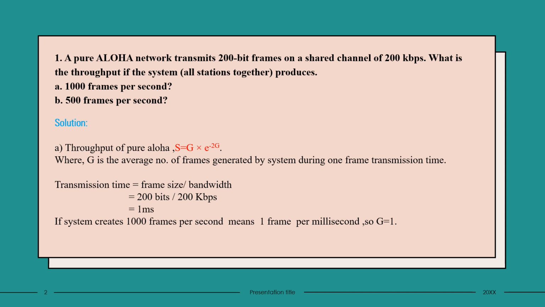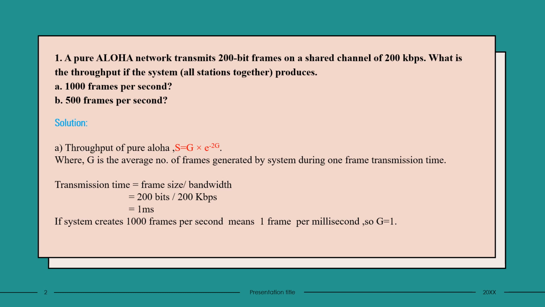So what we have to do is, first we have to calculate the transmission time. Before getting into it, let me state the throughput of pure Aloha. What is the formula to calculate throughput of pure Aloha?